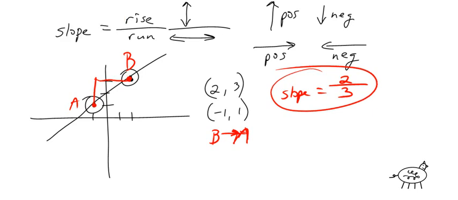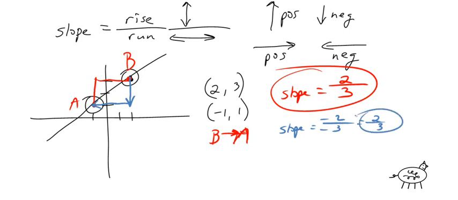So I'm going to go from B to A. So again, rise over run. I'm going to go down 2, so slope equals negative 2, and to the left 3. 1, 2, 3. Look at that. A negative over negative is a positive.